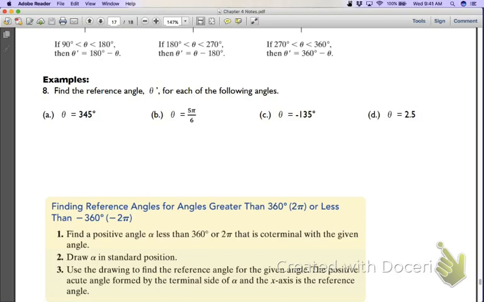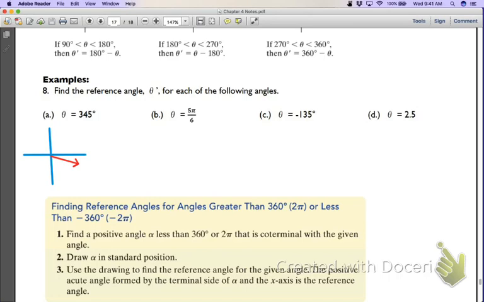So if I have theta of 345, where is a 345 degree angle going to lie? Is it going to be in 1, 2, 3, or 4? It's going to be in 4, right? So it's going to be somewhere down here, probably about like that.